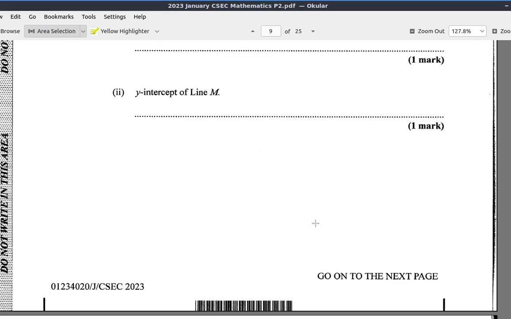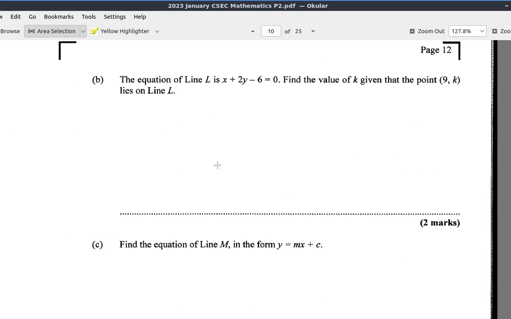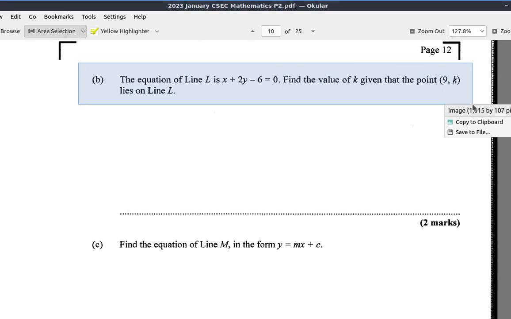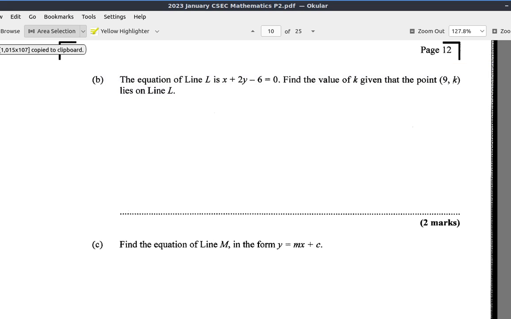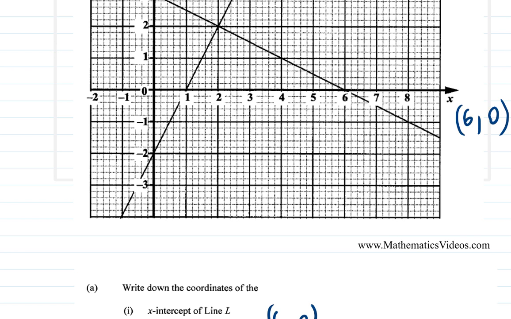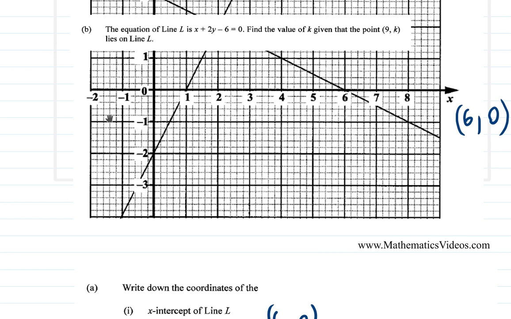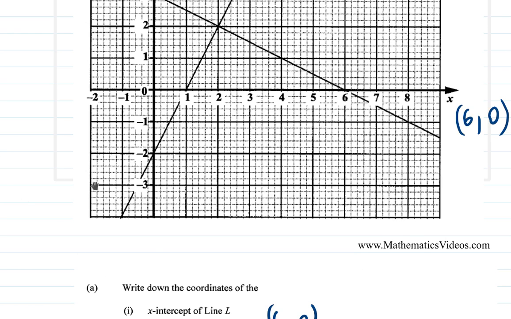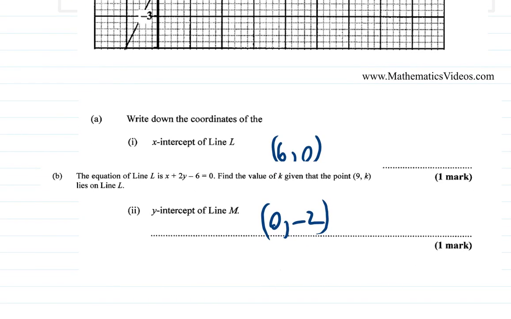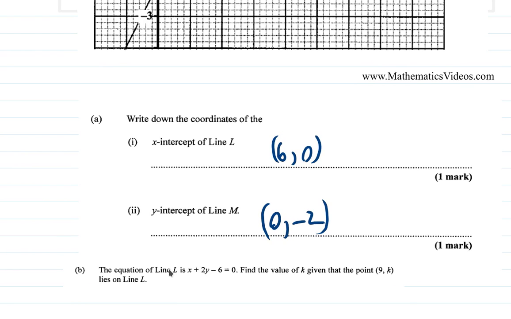Alright. Let's see what else is going on here. Interesting. Let's copy this, put it over there, and then deal with it. Let's put it down here.